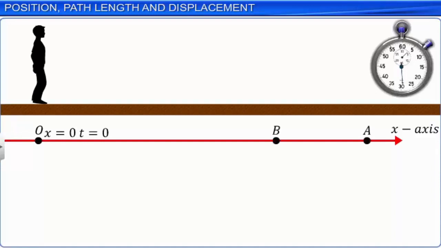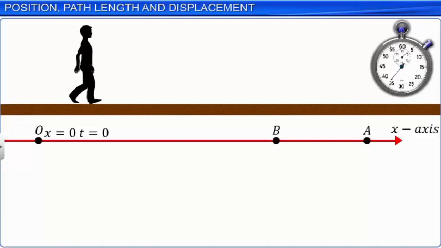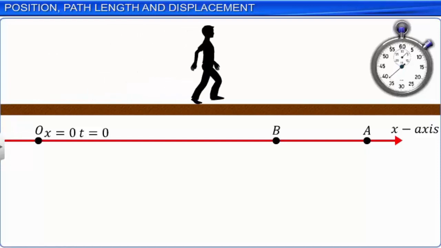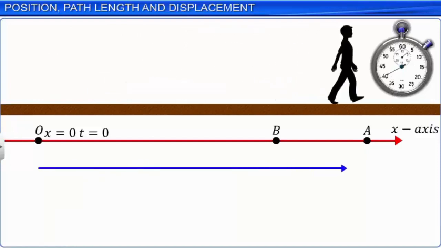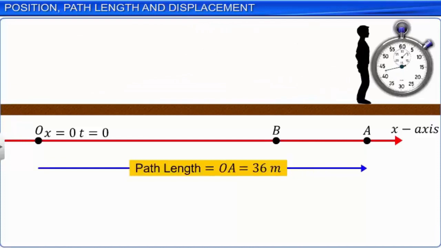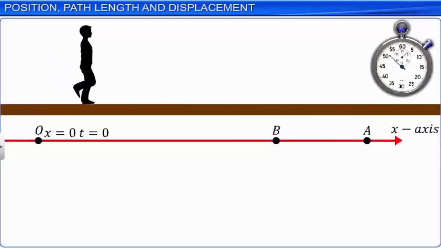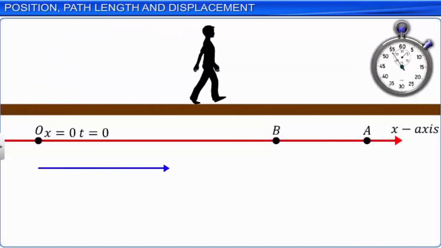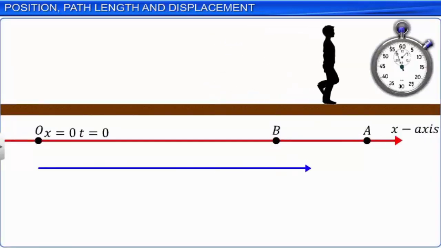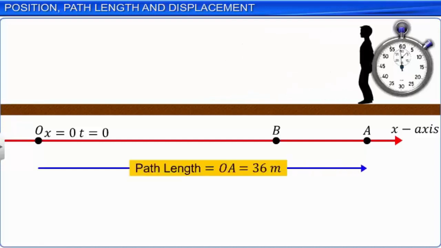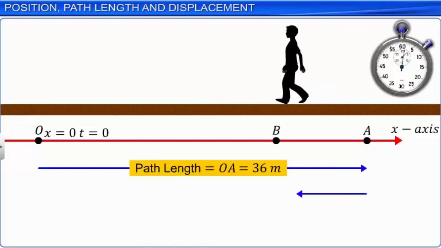In the first instance, the man moves from O to A. The distance moved by him is OA, which is 36 meters. This distance is the path length traversed by the man. In the second instance, the man moves from O to A and then moves back from A to B. The distance between points A and B is 12 meters.